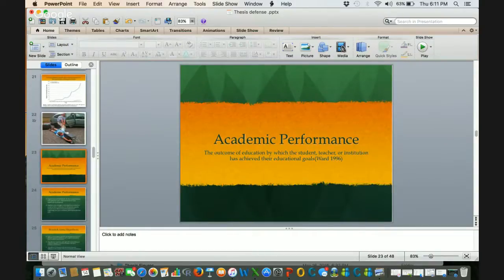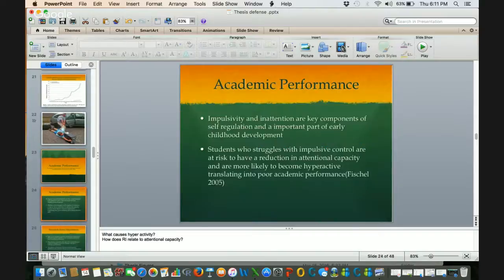We have a constant standard measure of academic performance, and the measure is the GPA. The definition of academic performance is the outcome of education by which the students, teachers, or institution have achieved their educational goals. And looking at academic performance, impulsivity and inattention are key components of self-regulation in the early part of child development.